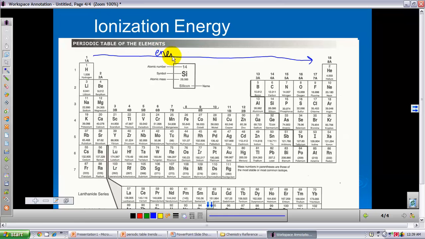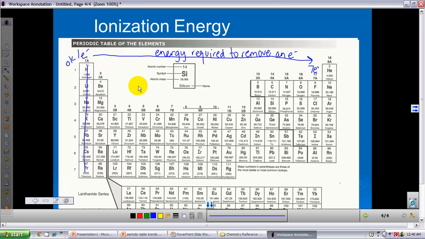The energy required to remove an electron goes up because these guys are not going to want to give up their 7 electrons, whereas these guys only have 1 valence electron, so they're okay with giving it up.